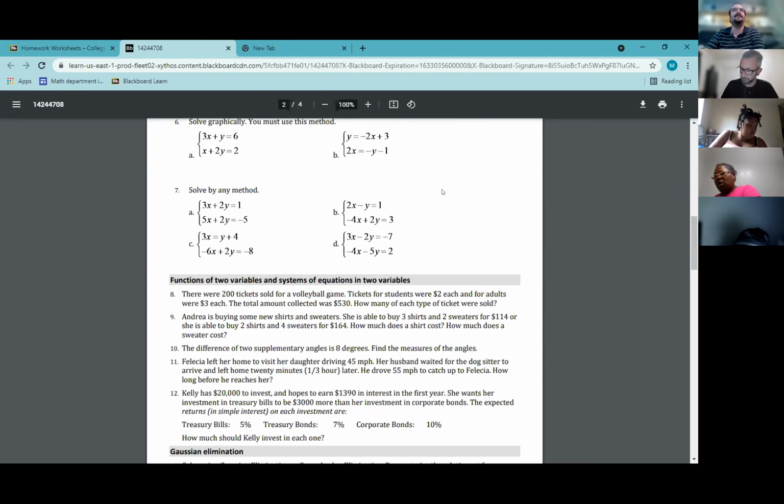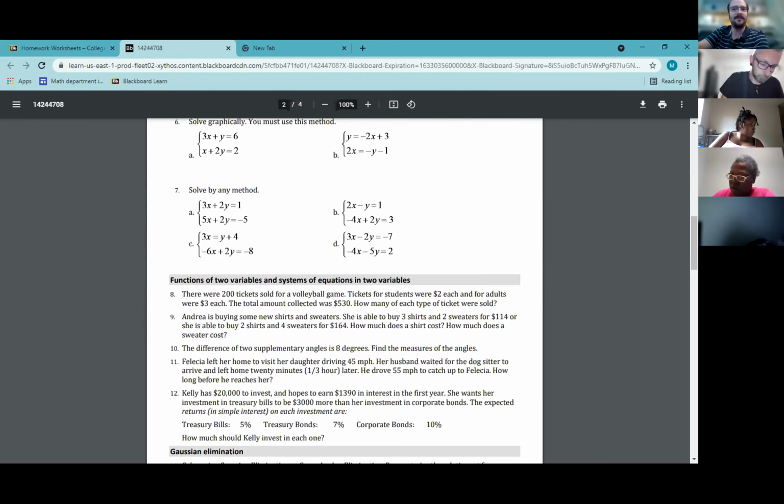I think the first one almost looks like it's ready for elimination. That's how I would probably do that one. All right, I'm going to give y'all 10 minutes or so to get through 7. If you get through that, start looking at 8. That's the next one we're going to go to, 7 and 8.